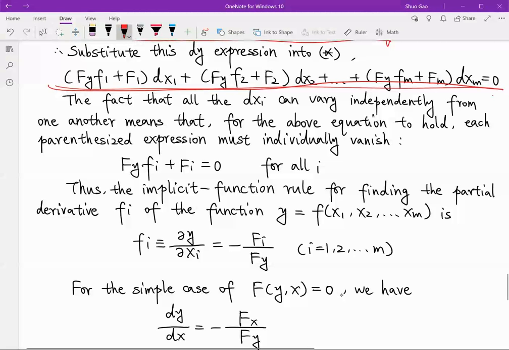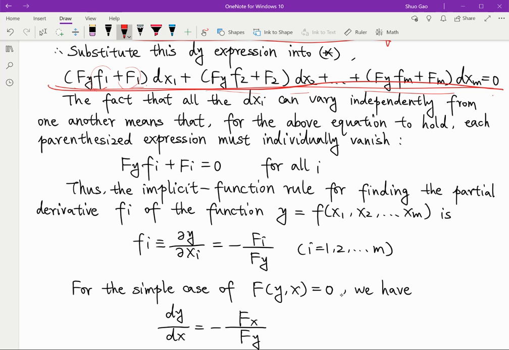So this means Fy times f1 plus F1, where this is a small f and this is a big F, times dx1, plus the similar terms, and the summation of all the similar terms equals 0.